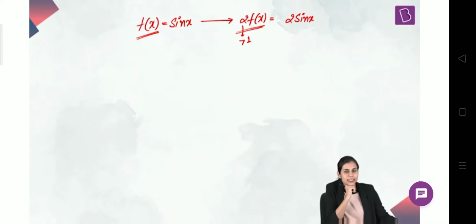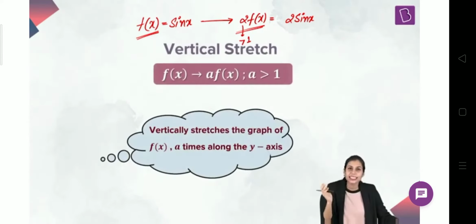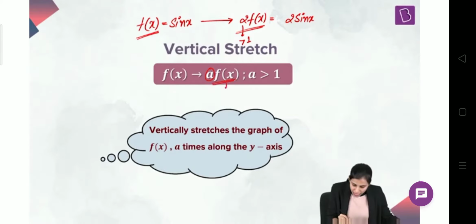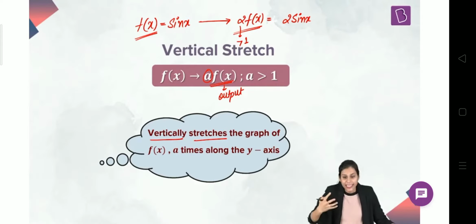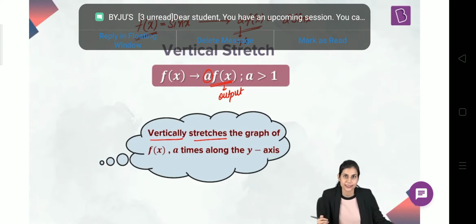Can you recall something? Well, this is obviously the case of vertical stretch transformation, which says that multiplying a constant a greater than 1 to the output of f of x is equivalent to vertically stretching the graph of f of x a times along the y-axis.